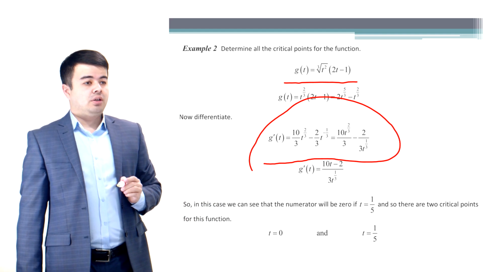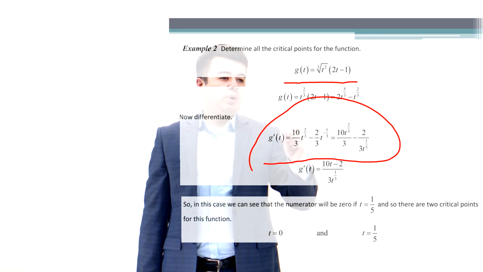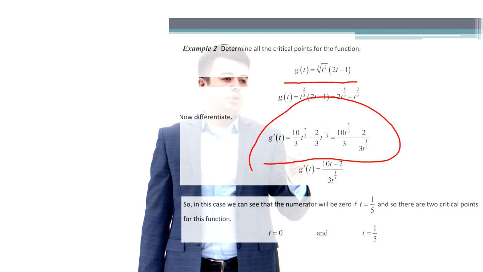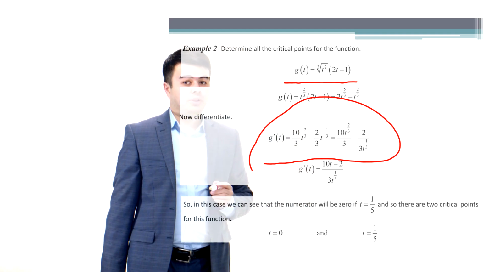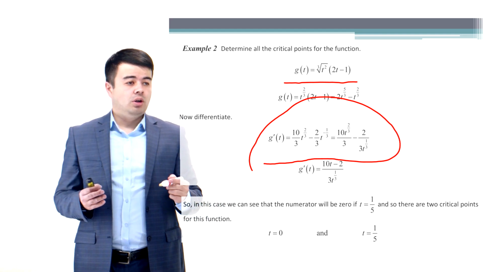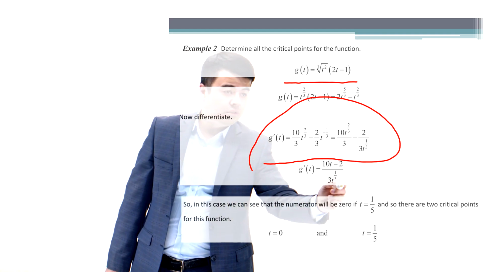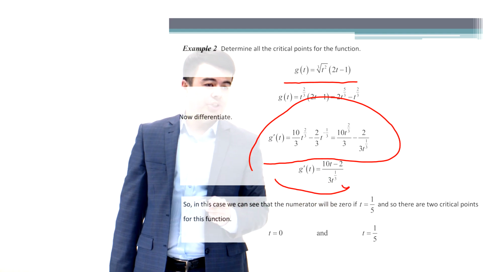It is 10 over 3 t to the power of 2 over 3 minus 2 over 3 t to the power of 1 over 3. So it's very easy to find derivatives here, of course. Now our expression, after simplifying, looks like this.